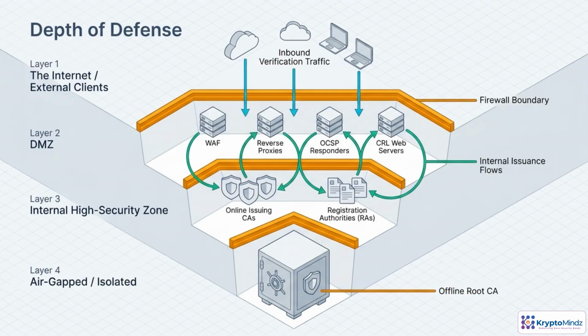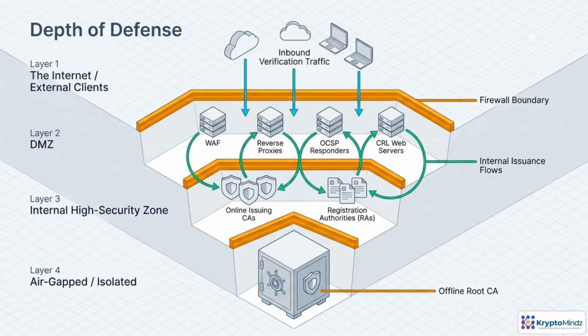A robust PKI design treats the CA hierarchy as layered security zones, not just a couple of Windows servers. At the outer edge, internet clients only reach hardened endpoints, web application firewalls, reverse proxies, OCSP responders, and CRL servers. These systems expose revocation and validation, but never direct access to issuing CAs.